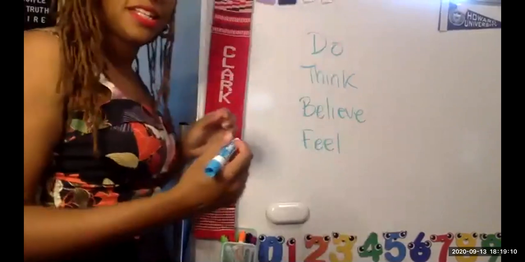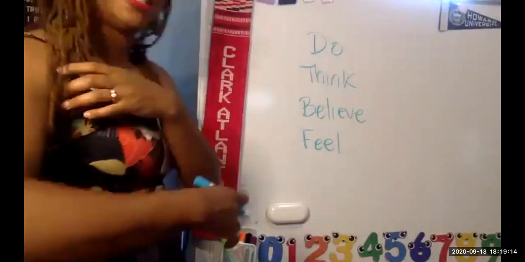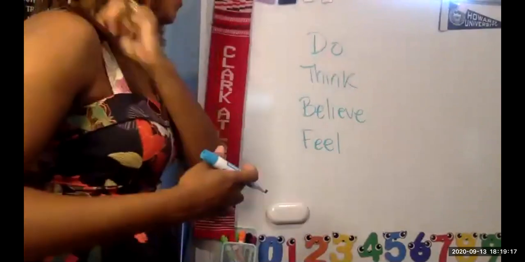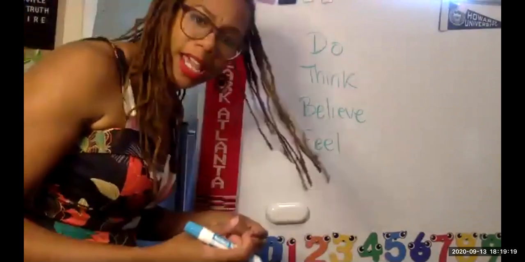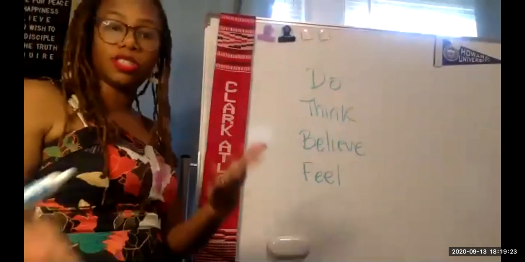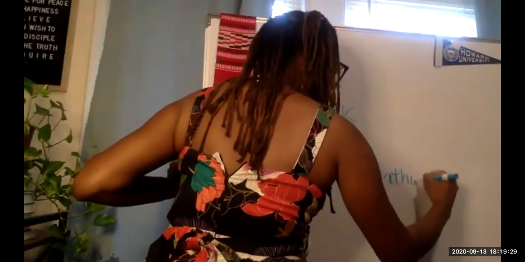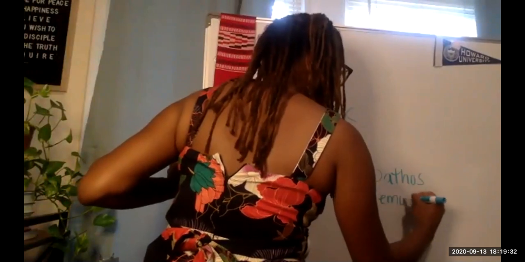And these are actually connected to the appeals, right? So if I want my audience to feel something, like I want them to feel sad, or angry, or motivated or empowered, as in the example that I used, feel is directly related to pathos appeal, right? Emotions.